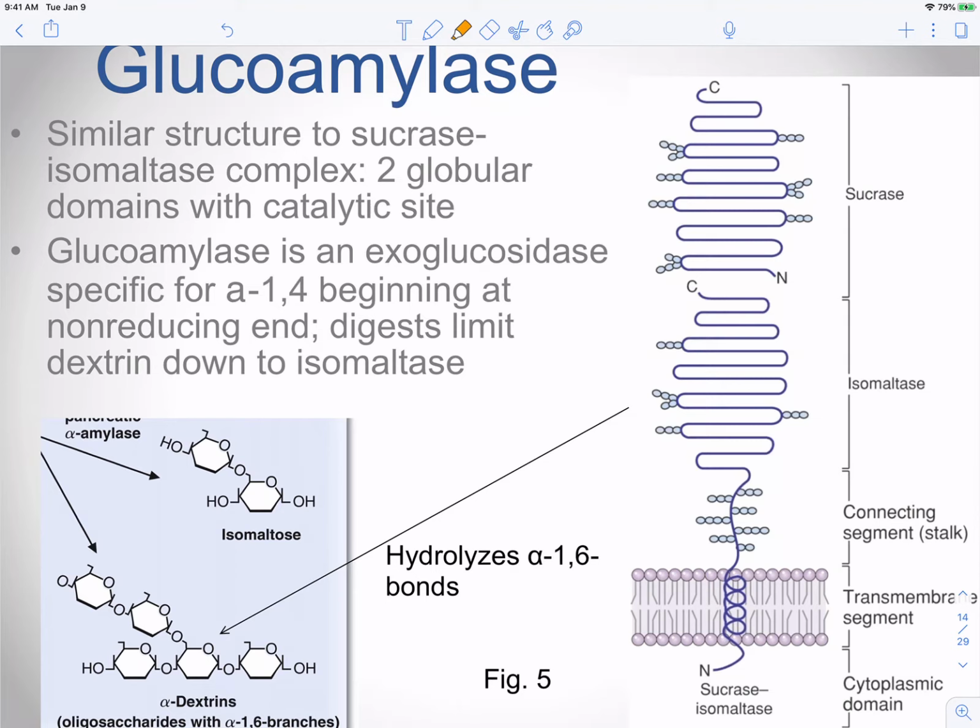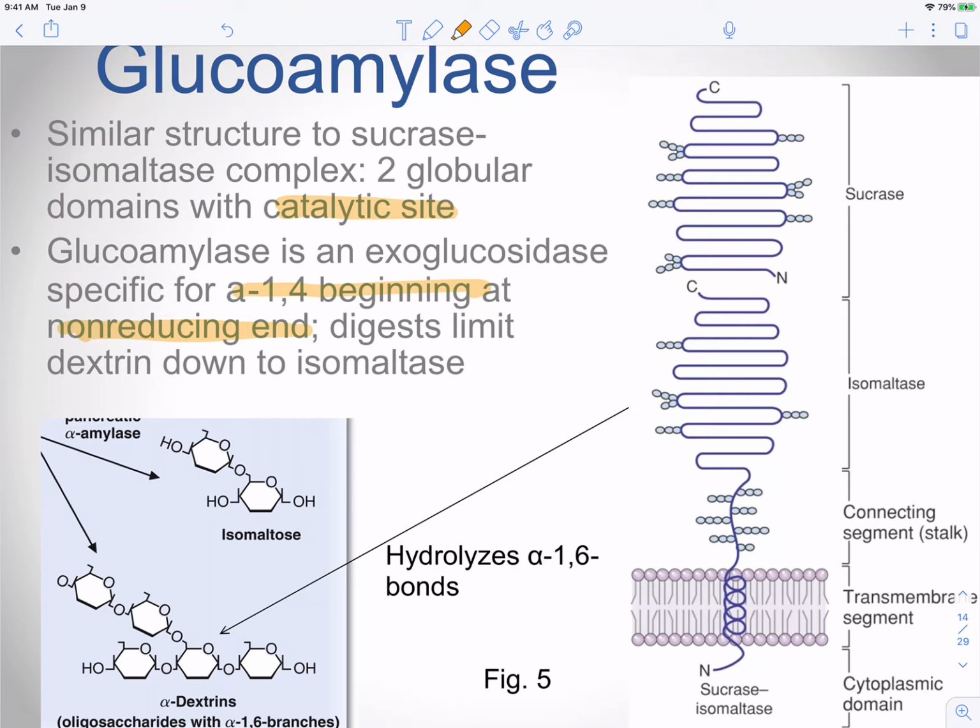So let's just go over these just a little bit. The glucoamylase is going to be similar to the Sucrase-Isomaltase Complex. They have multiple enzymatic sites, both of these complexes. They have two globular domains that contain the catalytic sites. Again, the glucoamylase is an exoglucosidase, and it has the specificity for alpha-1,4 beginning at the non-reducing end, any of those non-reducing ends.